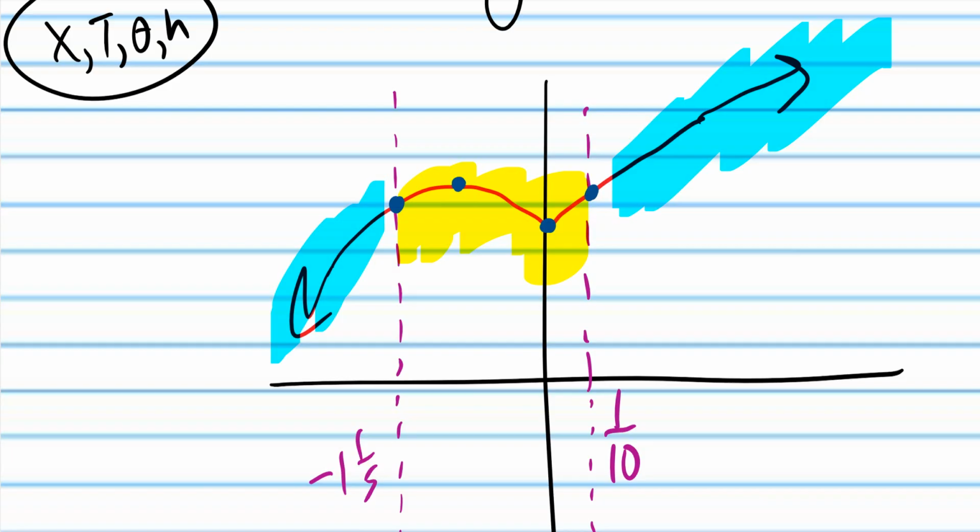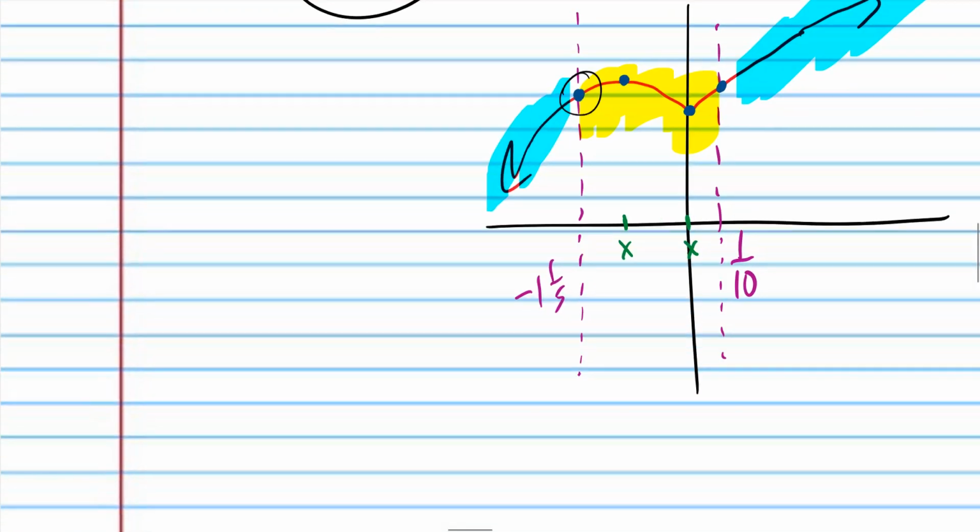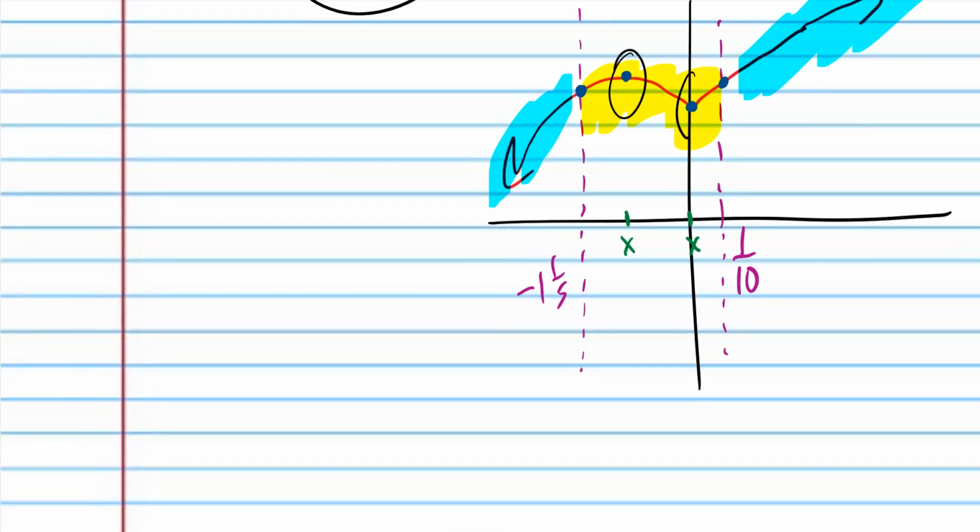The critical numbers meaning the x values where the derivative is 0 or undefined. Okay? So we don't need calculus to find the y values of these points, but we do need calculus to find the y values of this point and this point.